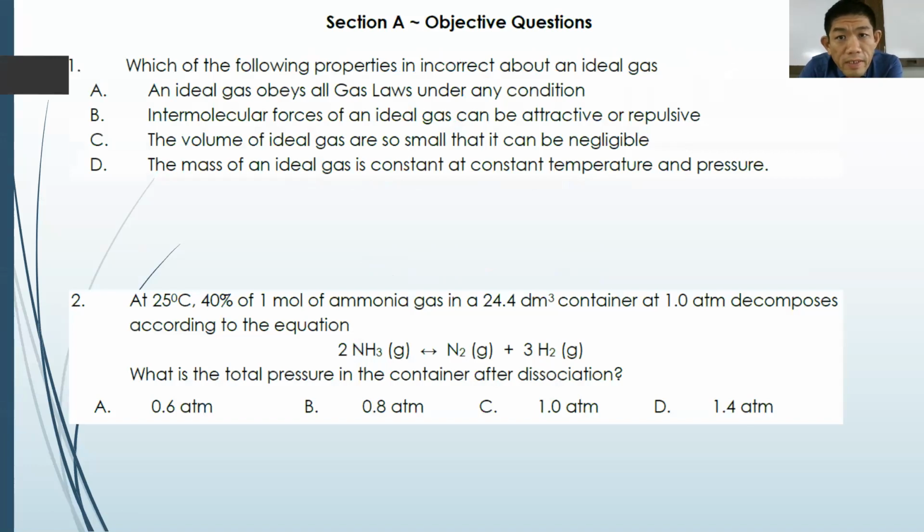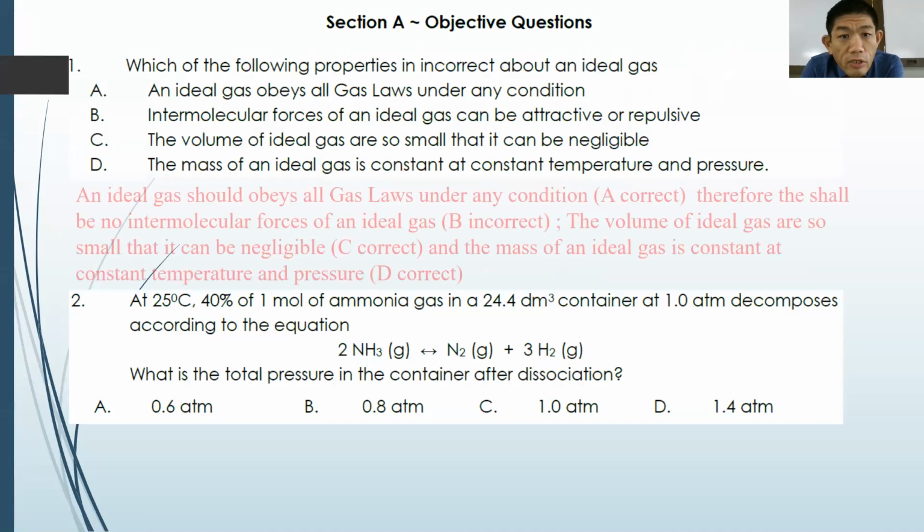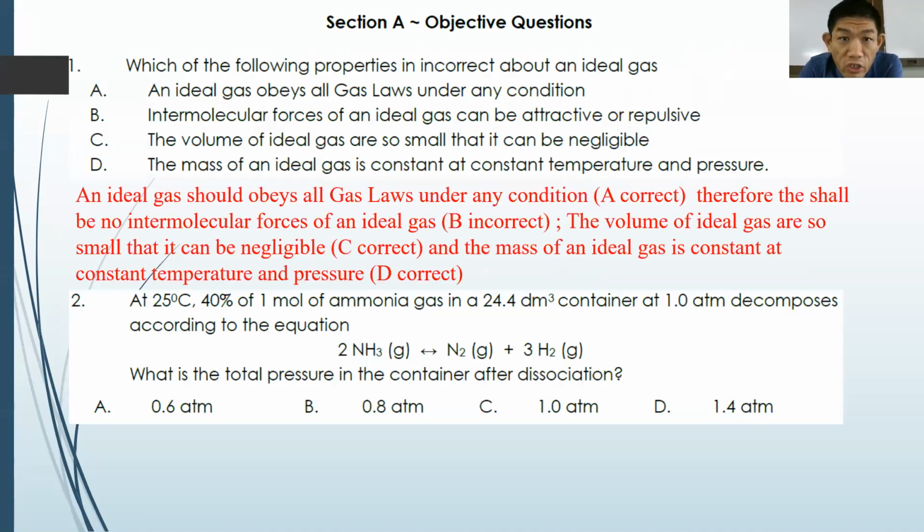Which of the following properties is incorrect about ideal gas? So an ideal gas should obey all gas laws under any conditions. Therefore A is correct. However, what are the two characteristics of an ideal gas? There shall be no intermolecular forces, number 1. And then the volume of all ideal gases is so small that it can be negligible.